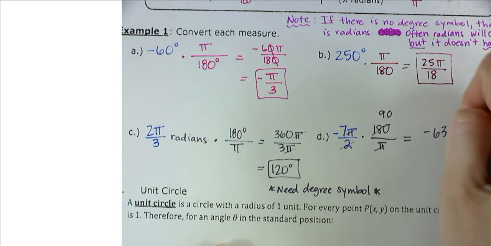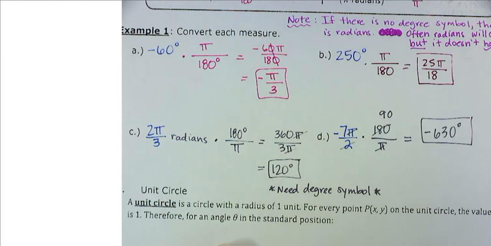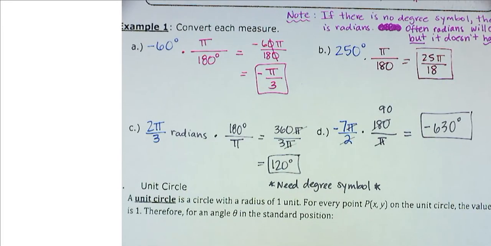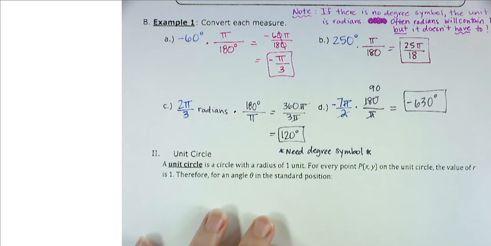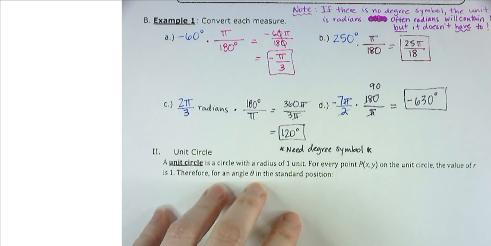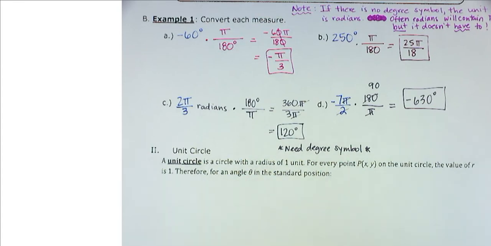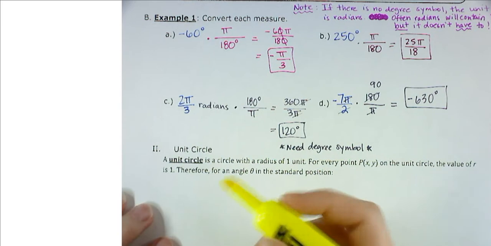All right, so the unit circle. We're going to talk a little bit about this, and then we are going to make the unit circle. And that is probably the most important part, is making the unit circle. Sometimes people try to memorize the whole thing, but there's lots of cool tricks and patterns to help you get it down.